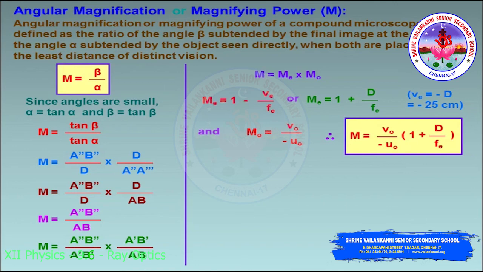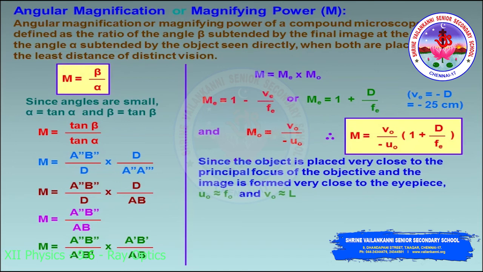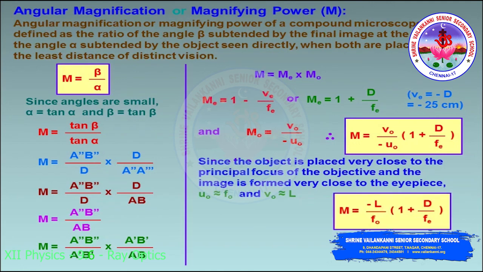Okay, so this is the value for magnifying power. Since the object is placed very close to the principal focus of the objective and the image is formed very close to the eyepiece, m is equal to, as we have seen, minus L by f0 into 1 plus D by fe.